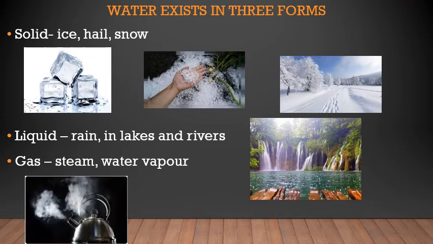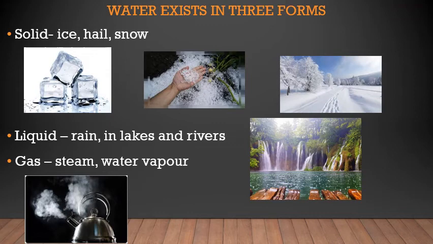The third state is the gas state. Gas state is nothing but steam or water vapor. For example, if you have a pressure cooker at home, when you're cooking rice, because of the pressure of the steam itself, the whistle will run and you can hear the sound. That is the example for steam, that is water in the gas state.